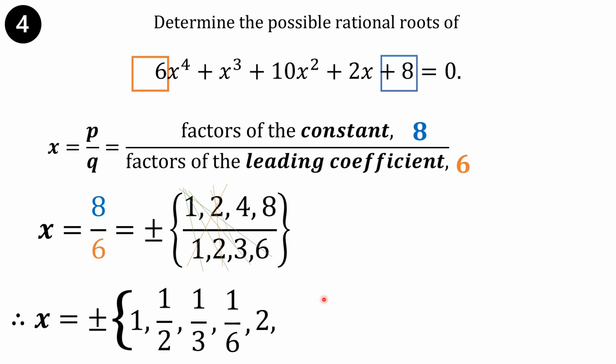Then 2 over 3 is 2/3, 2 over 6 is 1/3, no need to write because we already have 1/3.